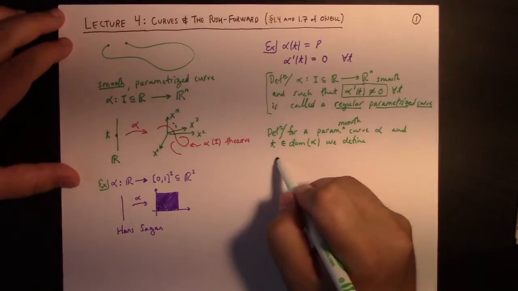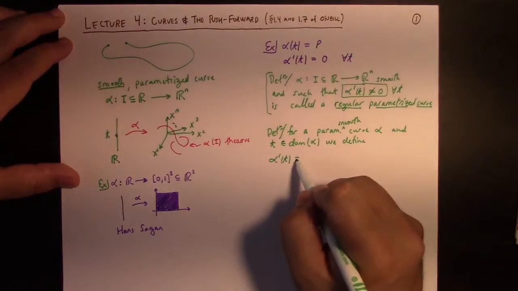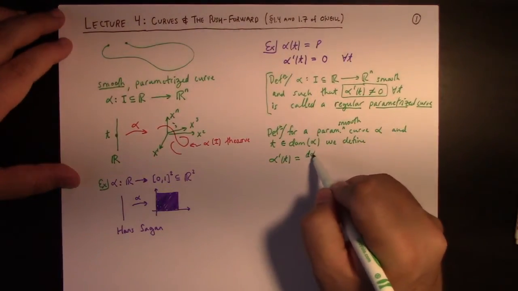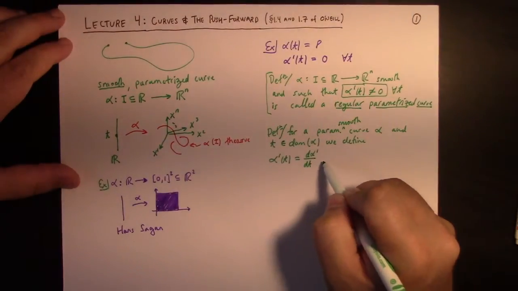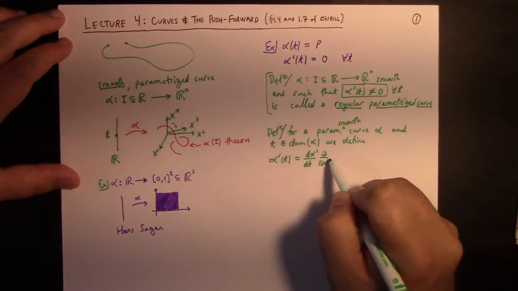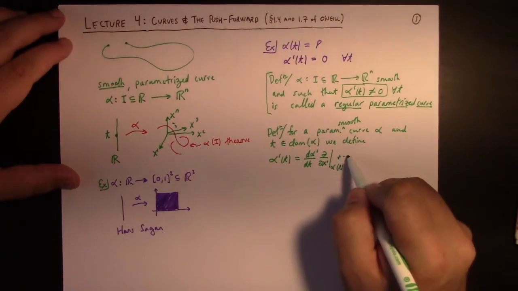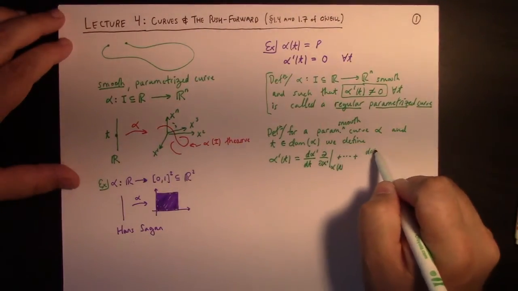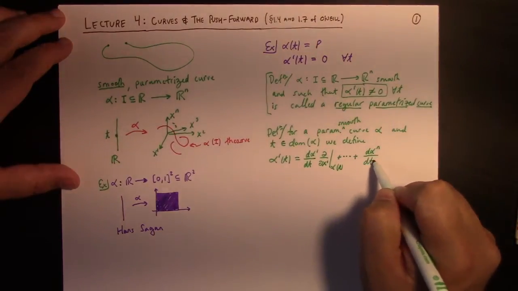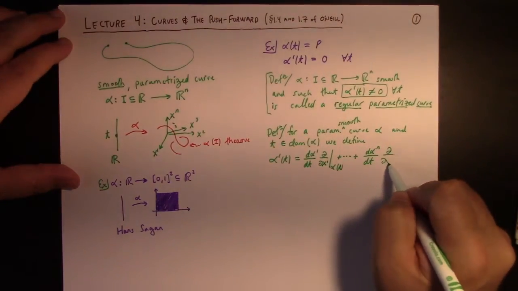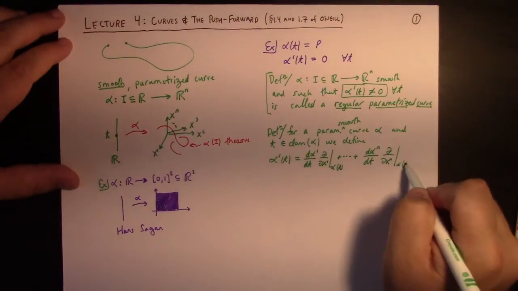Sorry, I'll get to it eventually. Alpha prime of t equals, here it is, d alpha 1 dt partial x1 at the point alpha of t, plus and so on, plus d alpha n dt partial xn at alpha of t.